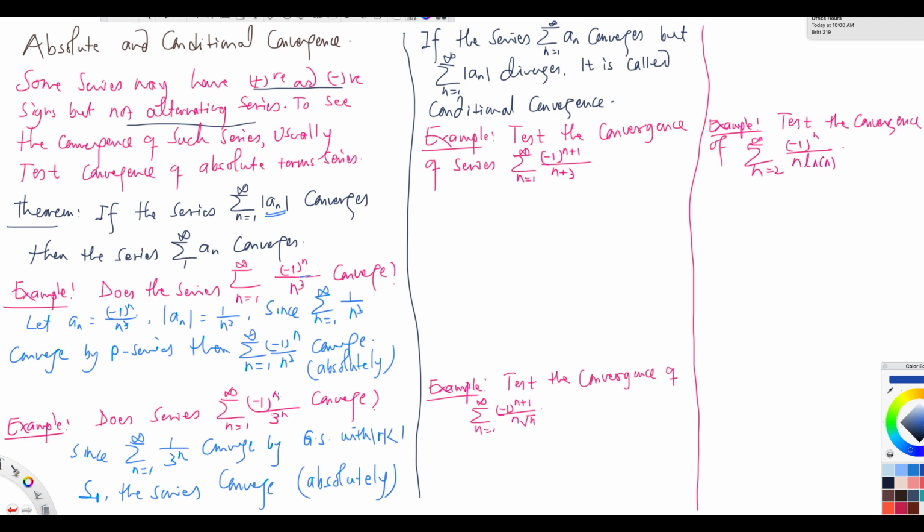That case is called conditional convergence. If the series converges but the absolute value series diverges, it is called conditional convergence, okay guys.